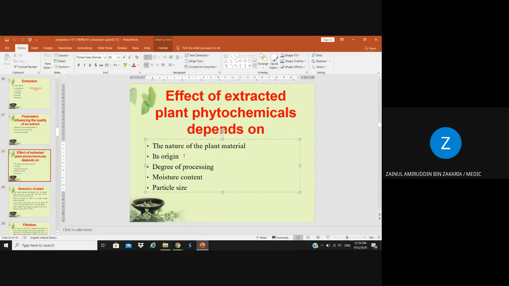So the origin itself also will affect the phytochemicals.